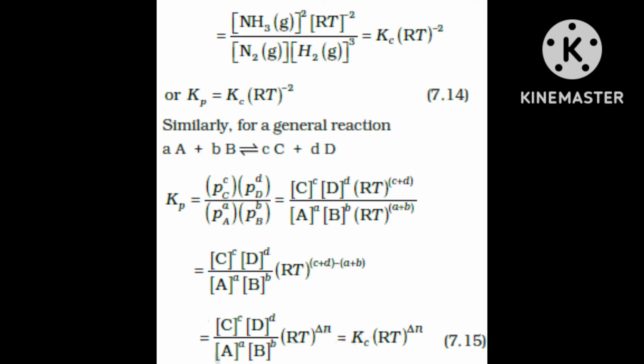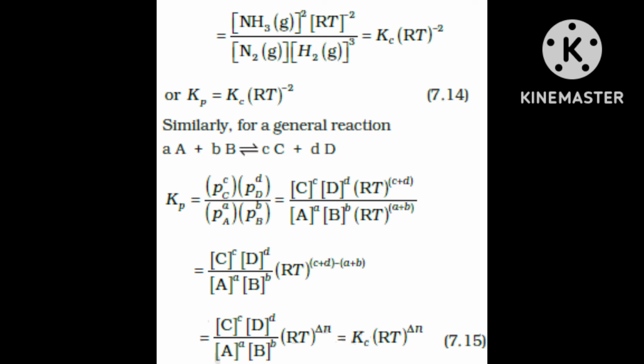Now write the RT part separately: RT power 2 up and RT power 4 down. Then 2 will be cancelled, and down RT power 2 will remain.